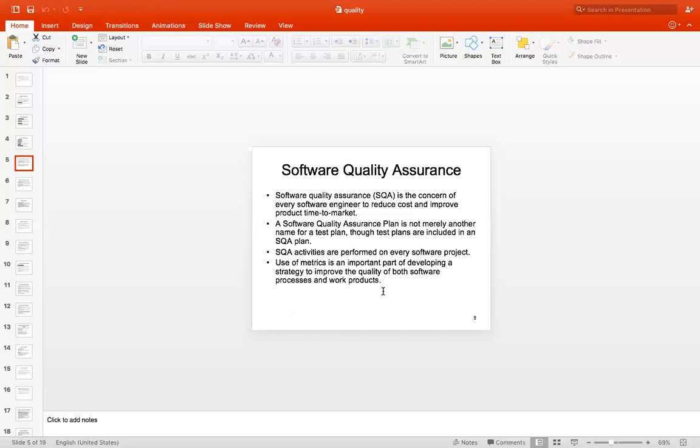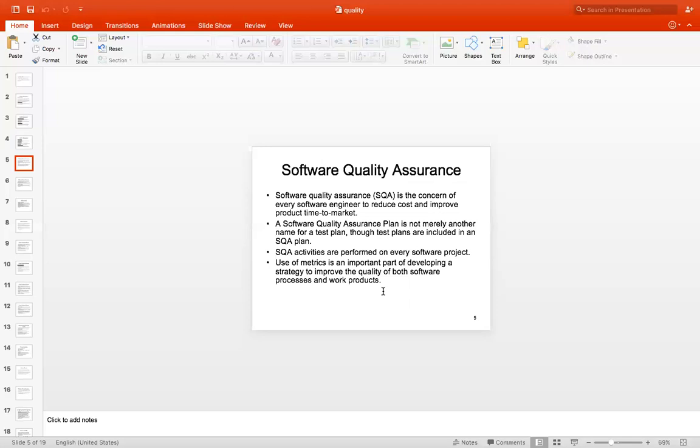So now let us move on to the topic, software quality assurance. Software quality assurance is the concern of every software engineer to reduce the cost and improve the time to market.